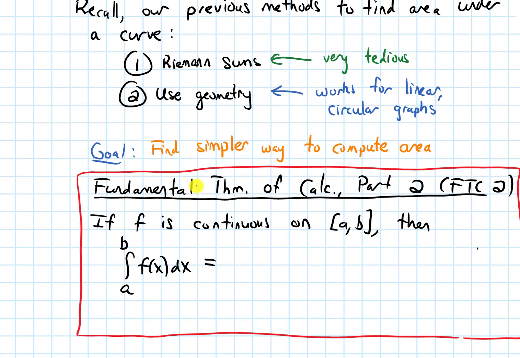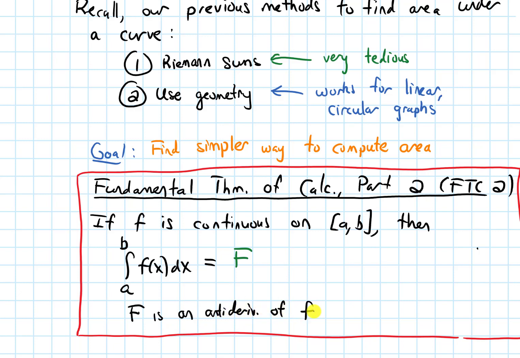Okay, so the Fundamental Theorem of Calculus Part 2, or I'll abbreviate it as FTC2, says that if f is continuous on the closed interval from a to b, then the definite integral from a to b of our function, so this represents the area under the curve over the interval from a to b, this ends up being capital F, where capital F is an antiderivative of little f.